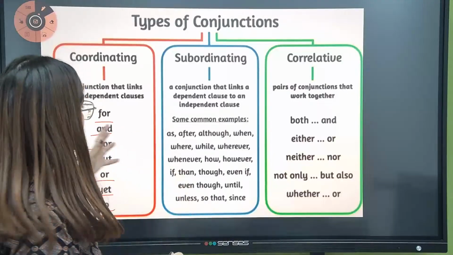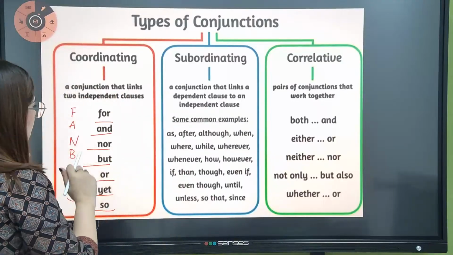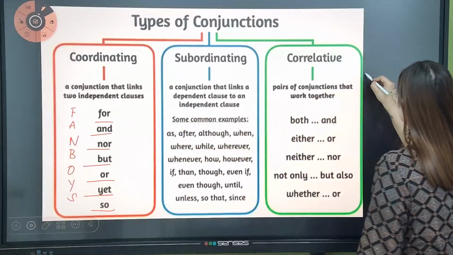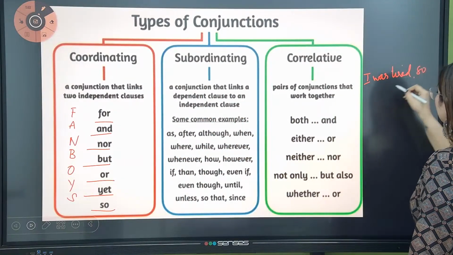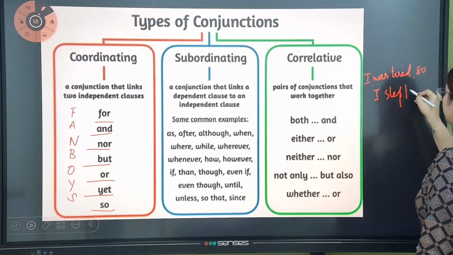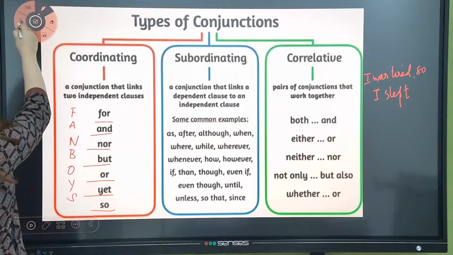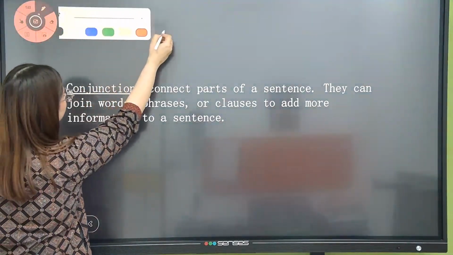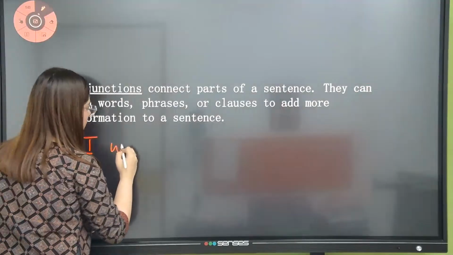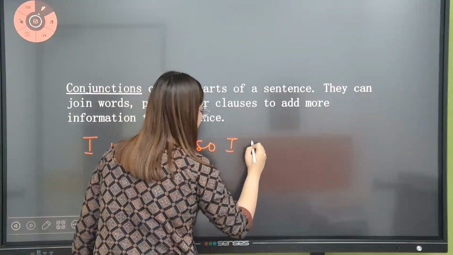And what do we mean by the fact that they link independent clauses? So if I say, I was tired, so I slept. I'll just write it here so that it's more clear. I was tired, so I slept.